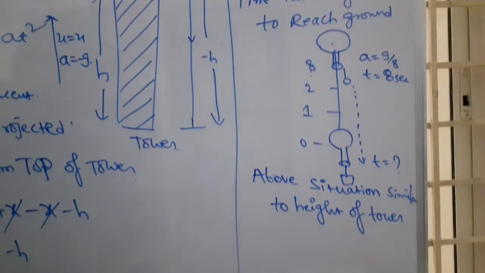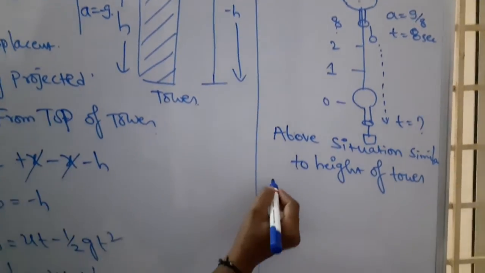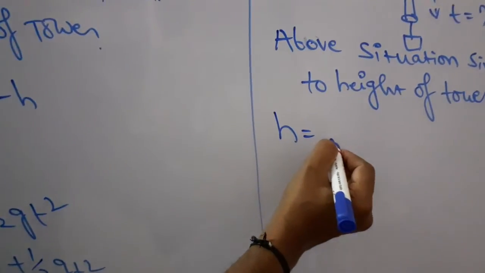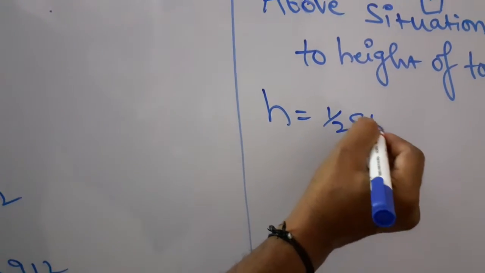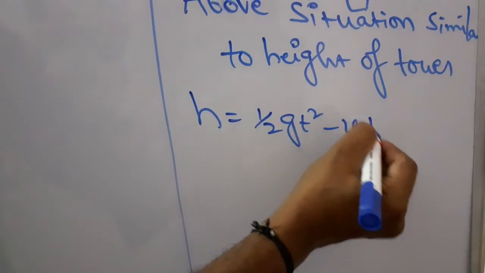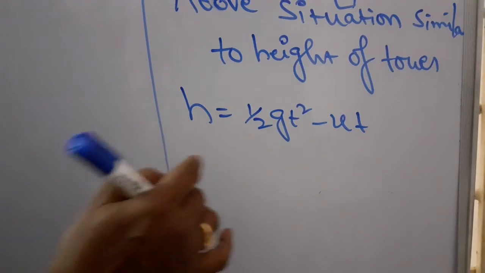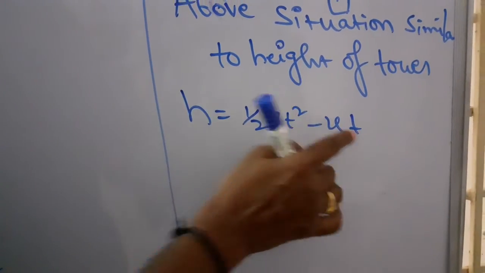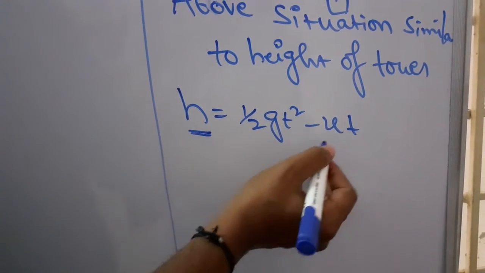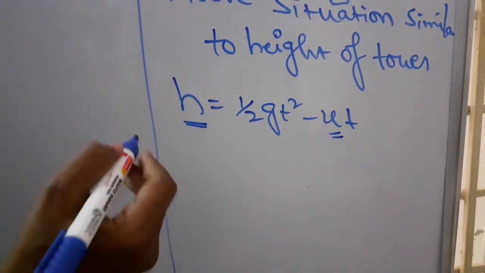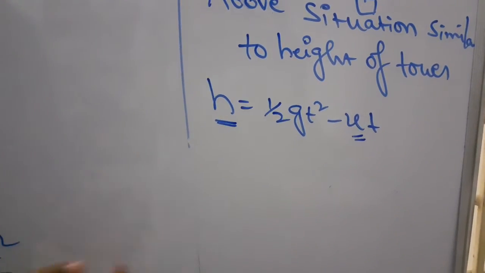So therefore h value we can take, h is equal to half into gt square minus of ut. If you want to find the time value, we must know this height and velocity. So how can we measure that height and velocity?